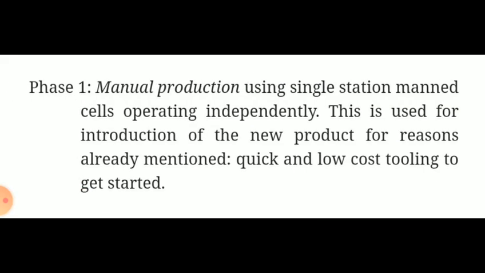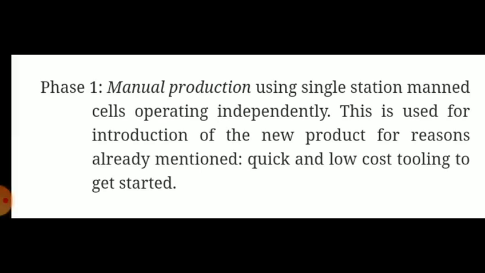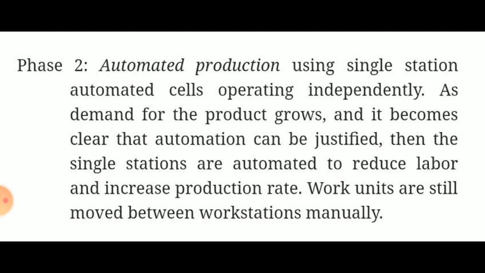So phase 1, that is manual production. Manual production using a single station cell operated by a worker independently. This is used for introduction of a new product. Quick and low cost tooling is required to get started. So that is regarding phase 1, when a new product is introduced. Phase 2, that is automated production.